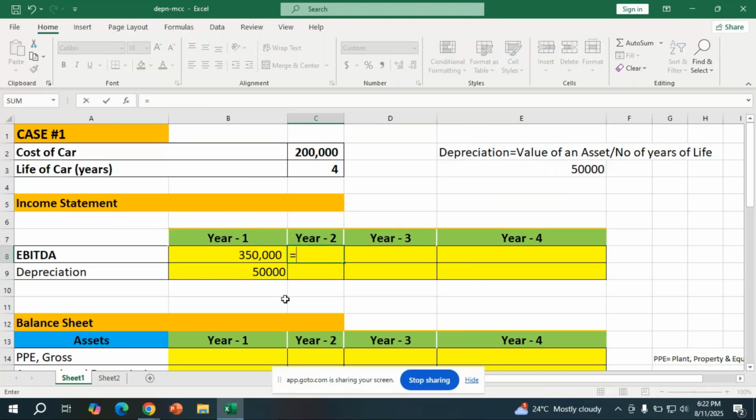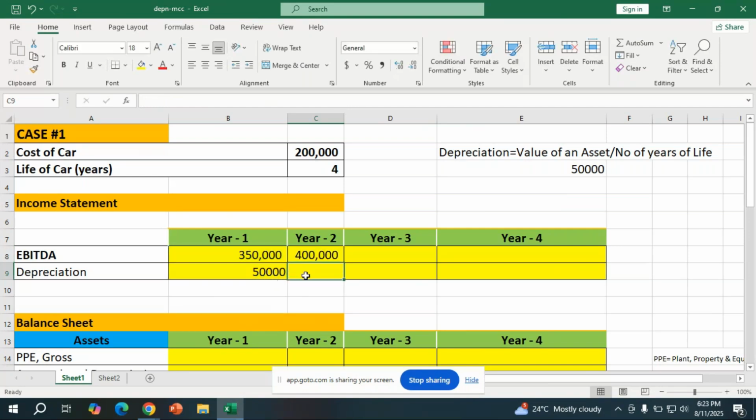You're going to add both: 350 plus 50,000 plus 4 lakh.